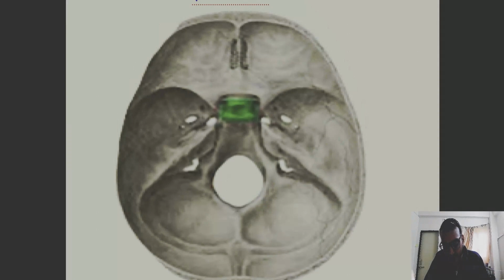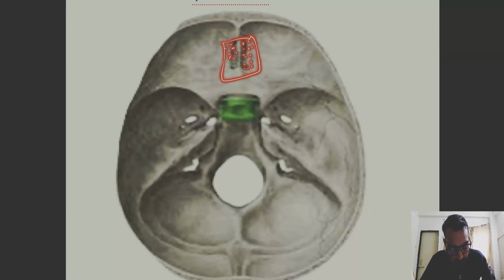Which bone is this? This is ethmoid bone. In this bone, we have a structure. This structure has very small dots in it.